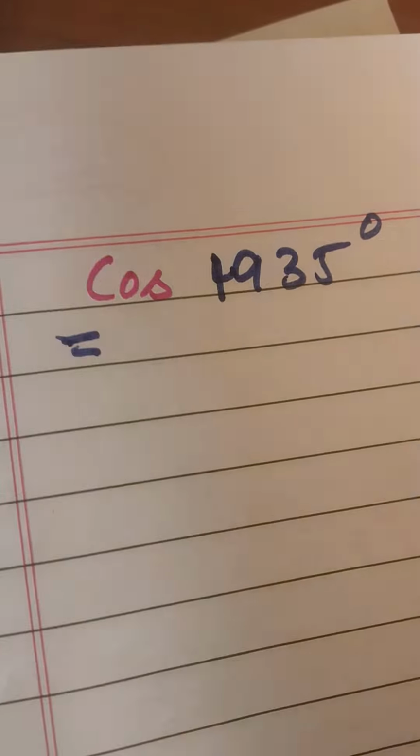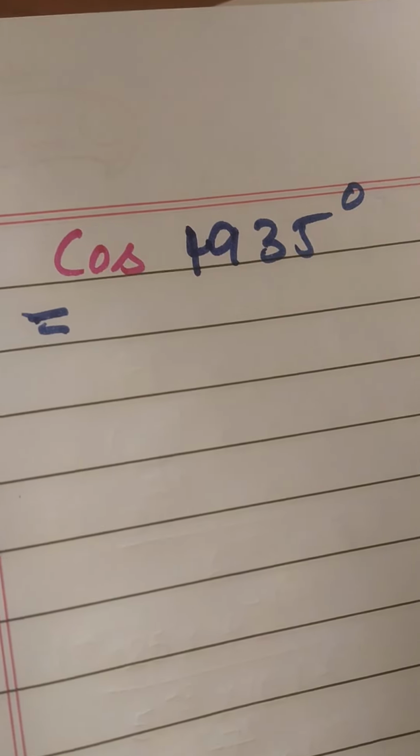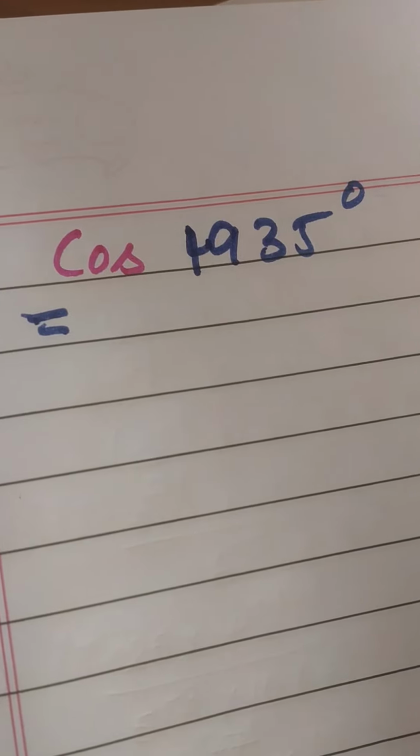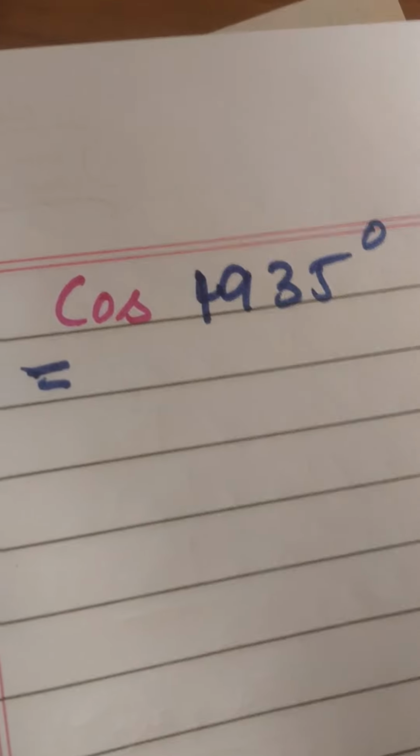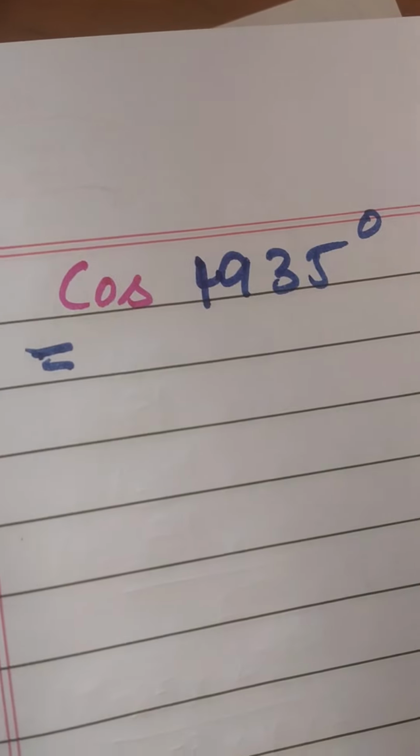Cos 1935. First of all you have to see what's the main thing here. By looking at the angle, you have to find the position, the concerned quadrant of this angle. And how can we find it? By splitting it into multiples of pi or 2 pi, as I showed you, that's the easy way to approach it. As it is in degrees, so in terms of 180 or 360.